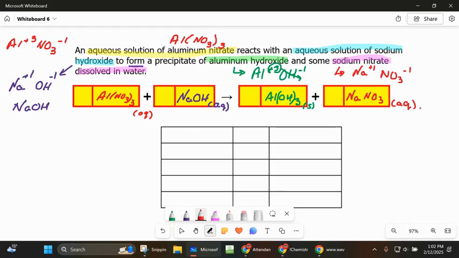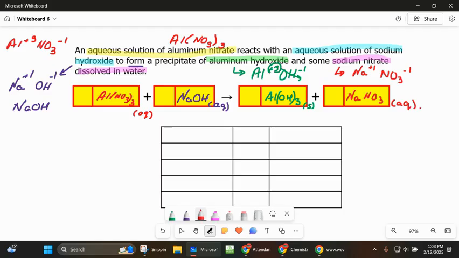But what actually happened in these compounds to make these things? The polyatomics swap. The metals switch places. Exactly. The aluminum metal switched what it was with the sodium.